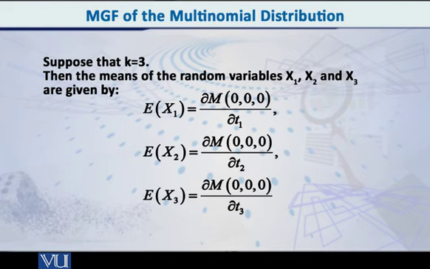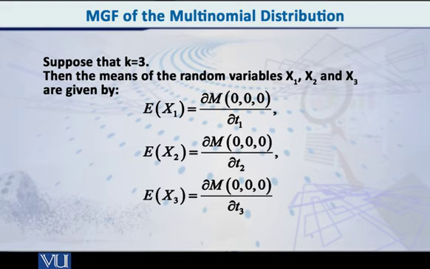Expected value of x1 is equal to ∂/∂t1 of M(t1, t2, t3), and then we have to put t1 equal to 0, t2 equal to 0, and t3 also equal to 0. This can be written in short as ∂/∂t1 of M, and inside the parenthesis we can write 0, 0, 0. Similarly, we have expressions for expected value of x2 and expected value of x3.